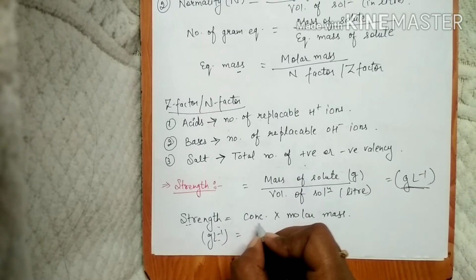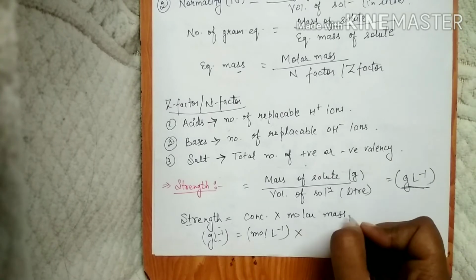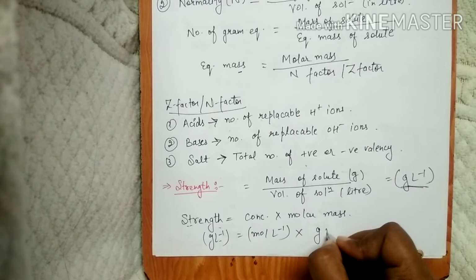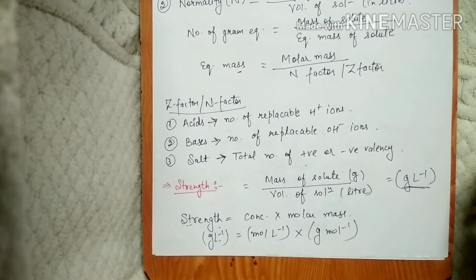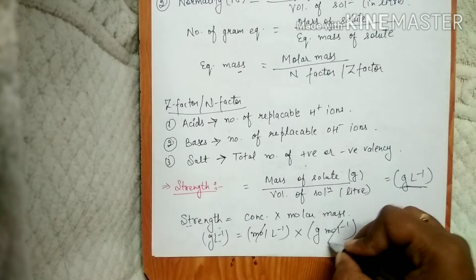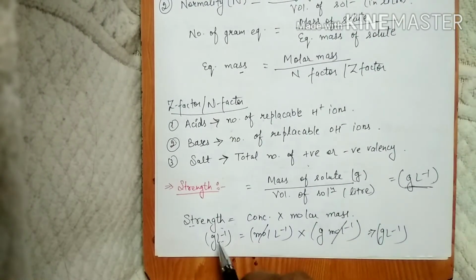The unit of concentration is always mole per liter, and the unit of molar mass is always gram per mole. If you solve it, mole and mole inverse cancel out and you will get gram liter inverse. So both the units are the same. So this is the formula for your strength, right?